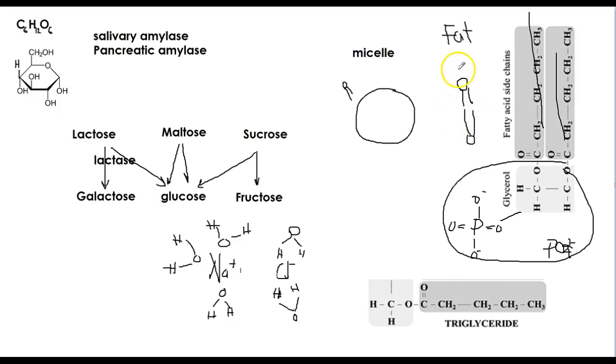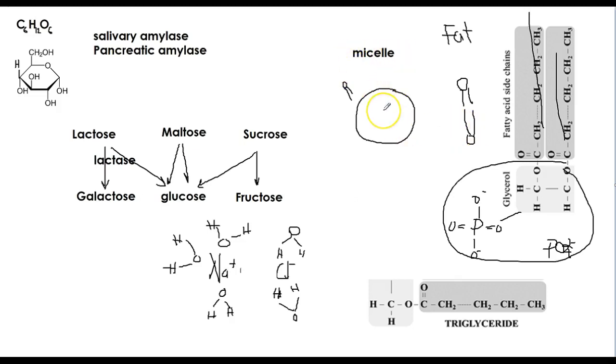That's why it's a phospholipid bilayer. So it's charged on this side and not in the middle, and charged on this side. So it can interact with water on the outside of the cell, it can interact with water on the inside of the cell, but in between, your cell membrane is nonpolar. Remember, I told you that last week.